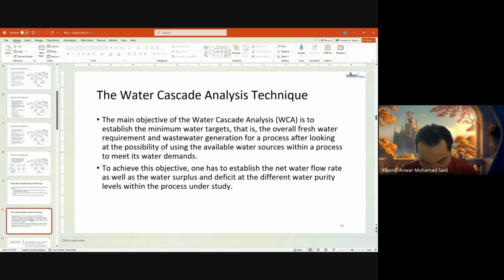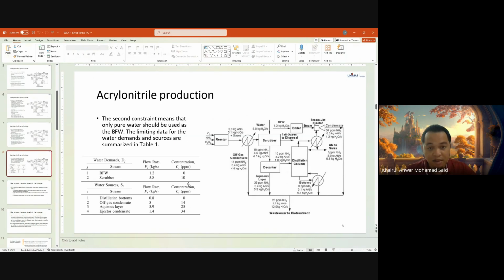At level 1, what are our demand and source? So at 0 ppm, we have two: 0 ppm for water demand will be BFW, and 0 ppm for the distillation water. There is no ammonia.